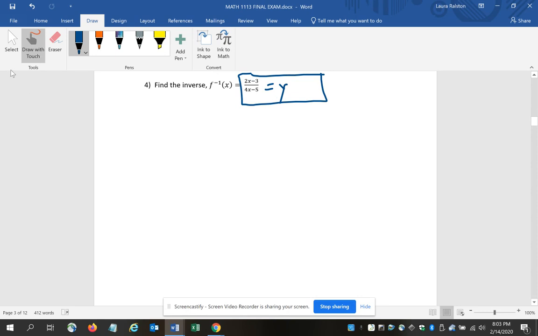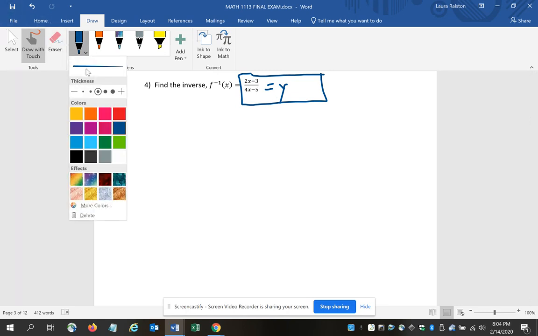And the first step to find the inverse is to interchange x and y. So wherever there's an x, we're going to put a y, and wherever there's a y, we're going to put an x.